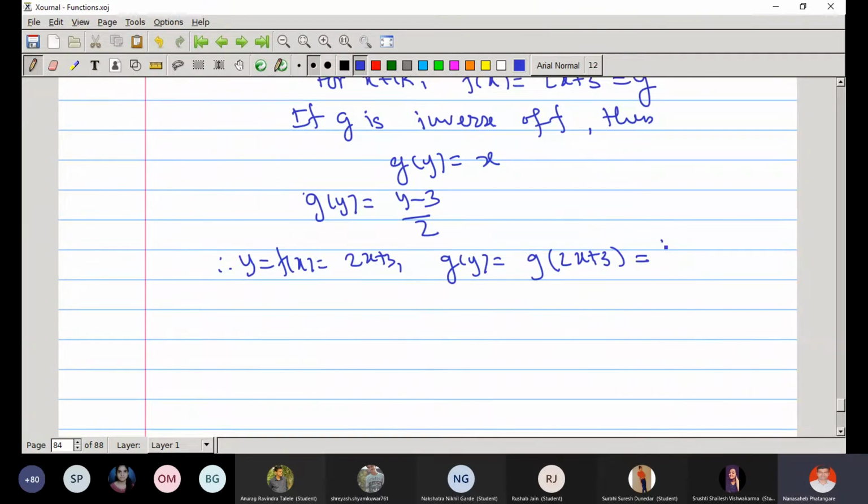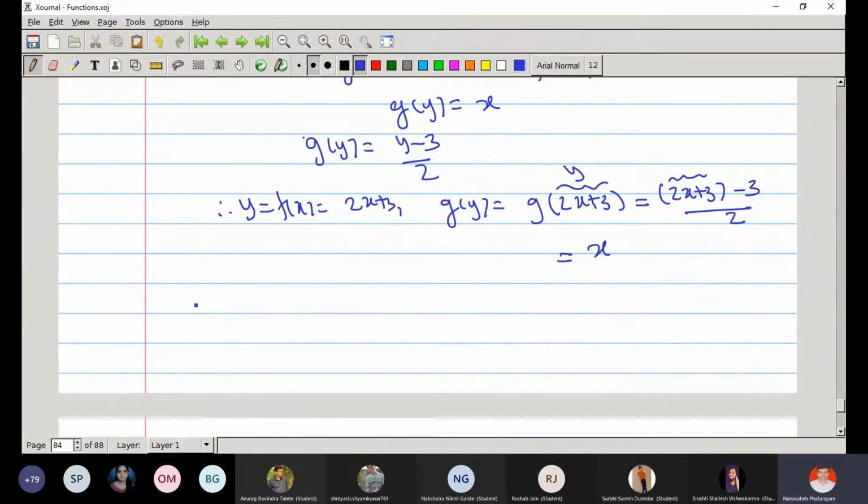Y is now 2x plus 3, so (2x plus 3 minus 3) divided by 2. So 3 cancels, 2 cancels, and we get x. So if you apply g on any y, it gives us back x.